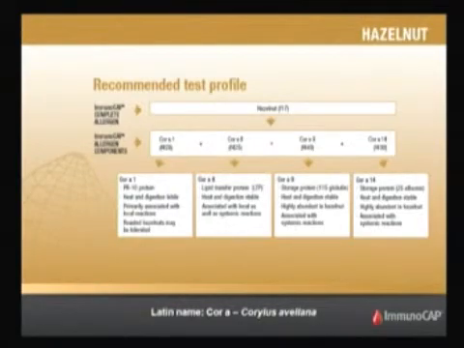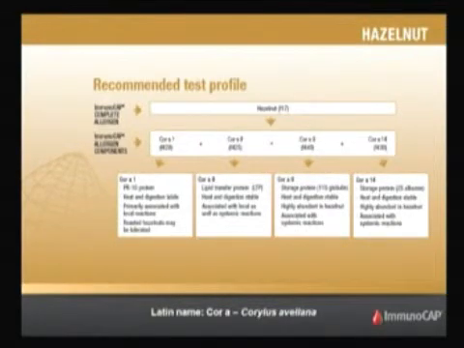Hazelnut, and I think you can do exactly the same for peanut. I didn't include it here, but you could do the same for peanut. With hazelnut, you have Cor a 1, a PR10 protein, heat labile, only oral allergy syndromes you will see for those patients who are Cor a 1 positive. Cor a 8, lipid transfer protein, risk of systemic reaction.